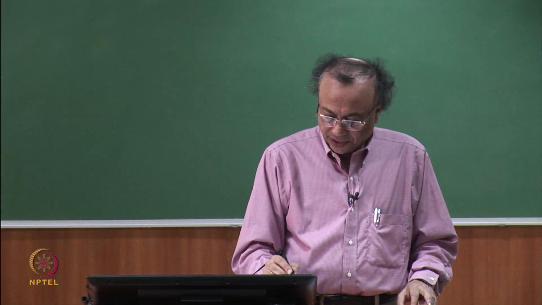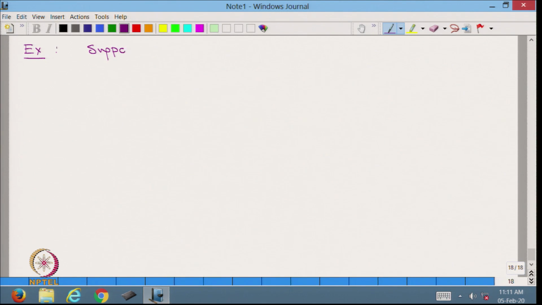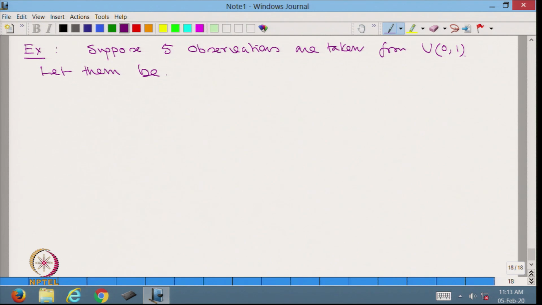Now, let me give you an example. Suppose 5 observations are taken from uniform (0, 1). Let them be X1, X2, X3, X4 and X5.